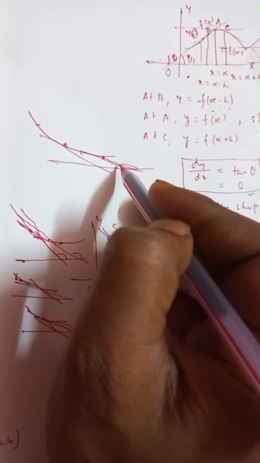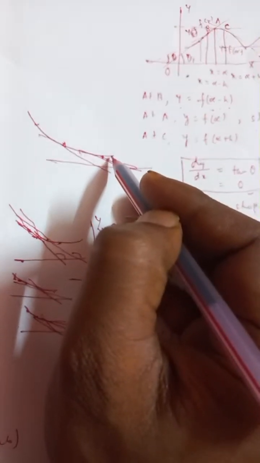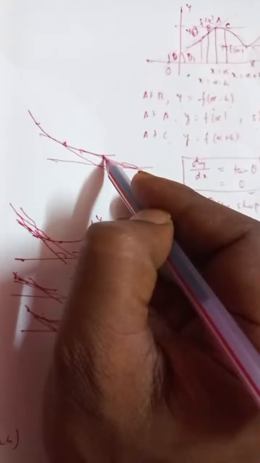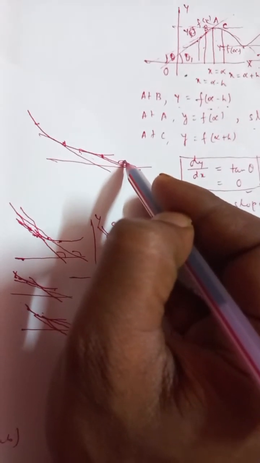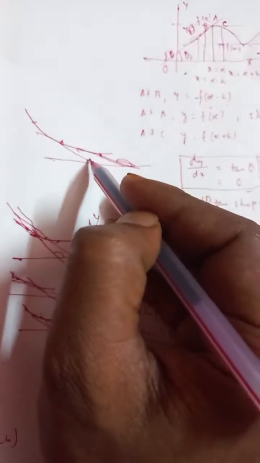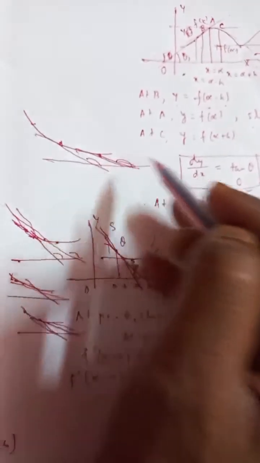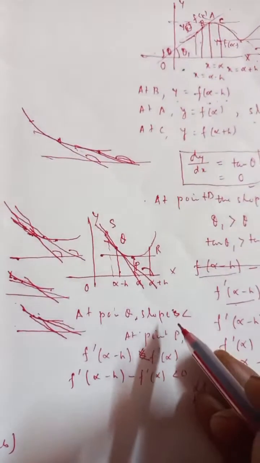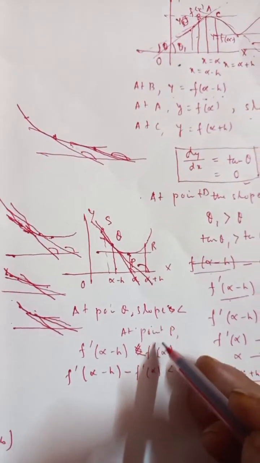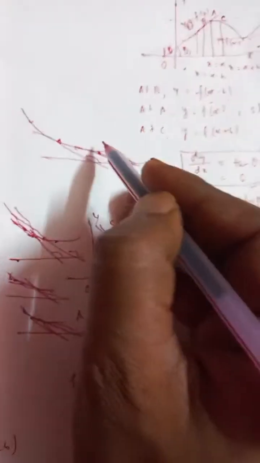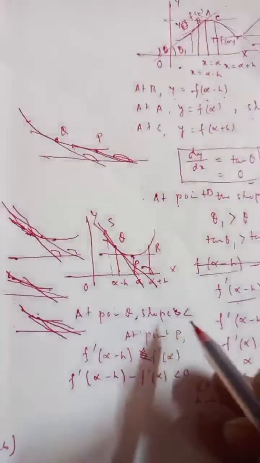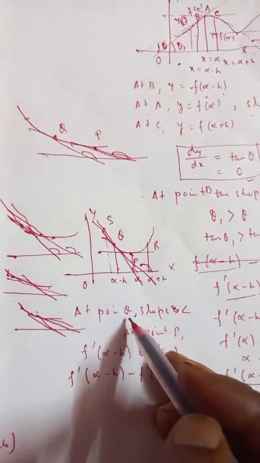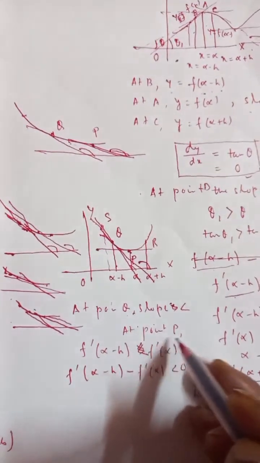So the points near the minimum point are greater than the faraway point. That's why this is the point P, this is the point Q. So the slope at the point Q is less than at the point P.